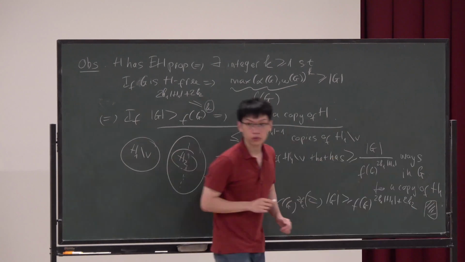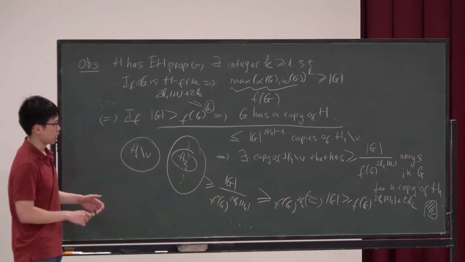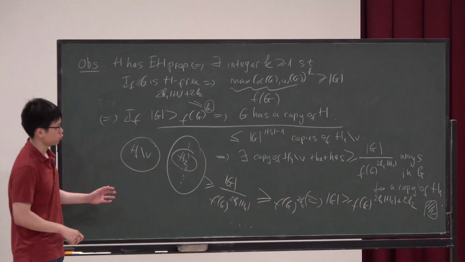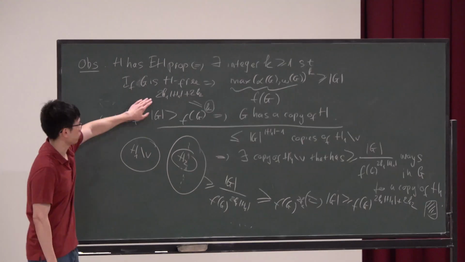Any questions? Is there any improvement of this bound? Yeah, that's a very good question. I don't think so. Actually, if you do a little bit better with the proof and try to optimize things a little bit, then you can remove the constant factors too.